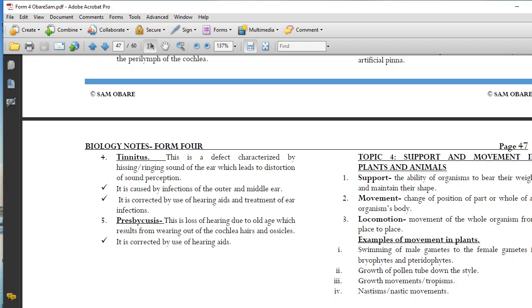Now, in chapter 3, the topic is called the cell, but essentially, when you look at the cell, that topic is about 3 or 4, at most 5 things. One, it looks at how a living organism is organized, right? From the smallest unit, which is the organelle, then you realize several organelles form a cell, then several cells form a tissue.